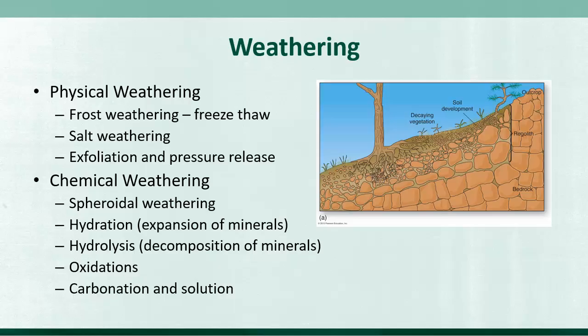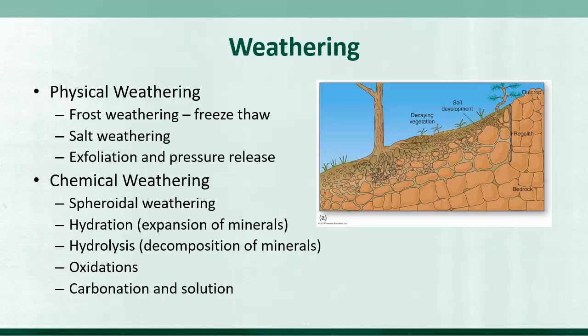physical pressure. Chemical weathering involves things having to do with water, where chemical changes take place in the rock. This often leads to rocks over time becoming very smoothed out, turning into spheroids.